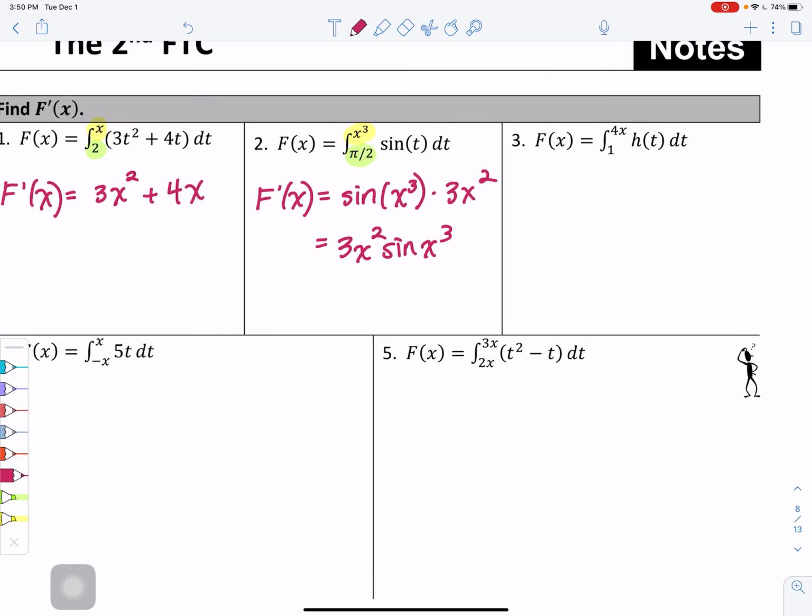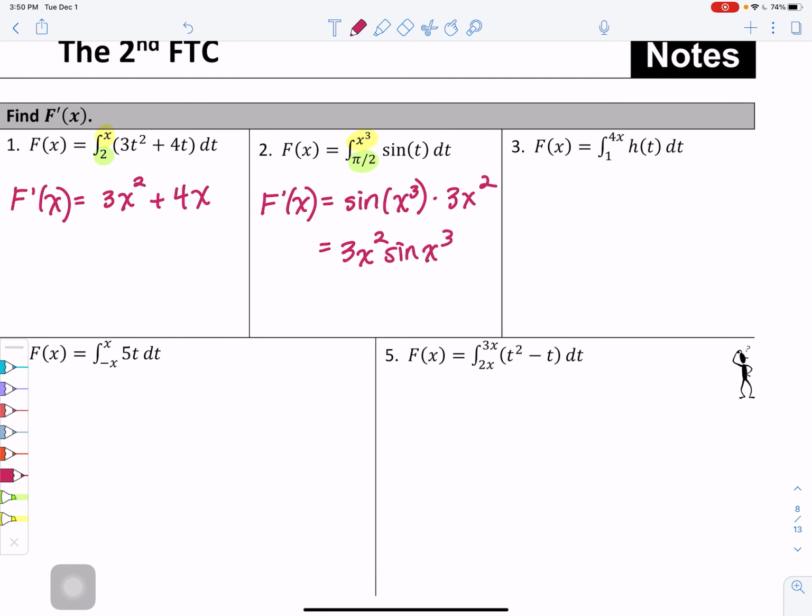Let's try number 3. Okay, lower limit of integration is a constant. I wish I would have switched these up. Upper limit of integration is a function of x. So now, when we take the derivative of that function, we just take that 4x and we put it in h of t.